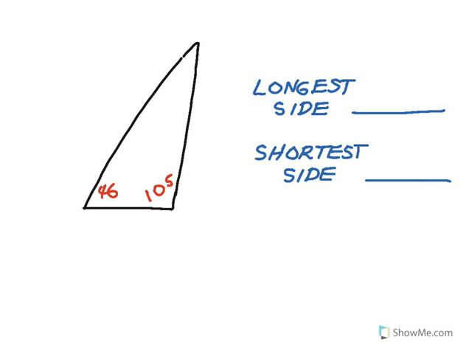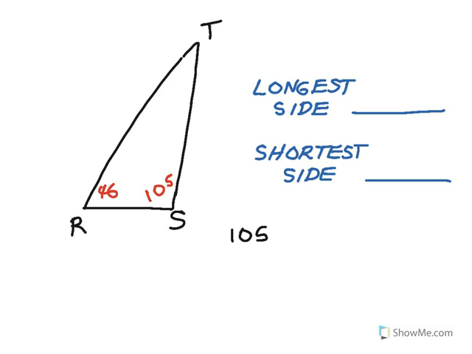Okay, so let's show a few examples of these theorems. In this first example, I have a triangle with two angles shown, and I'm supposed to find the longest side and the shortest side of this triangle. So let's make this triangle RST. I have two angles that I know already, 105 and 46.